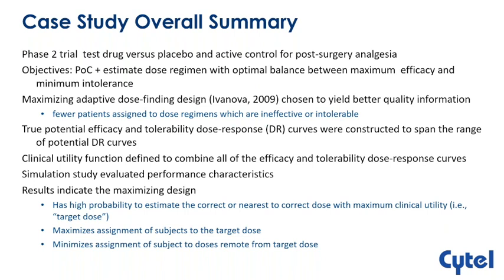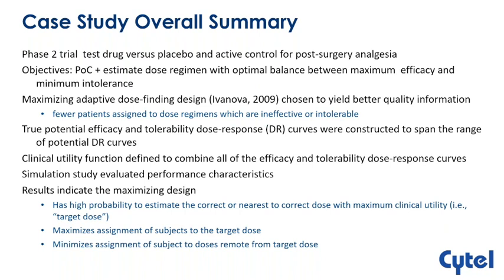But briefly, we started with a weighted function like on the maximizing design slide, but the clinical monitor with whom I worked on the design didn't like that, and so he came up with his own utility function, which I'm going to show you on the next slide.